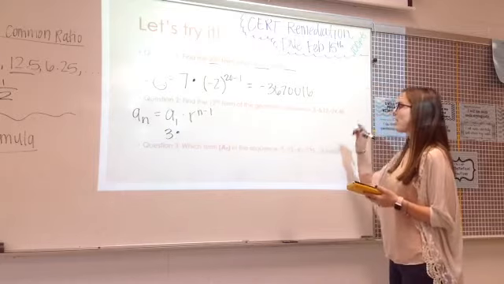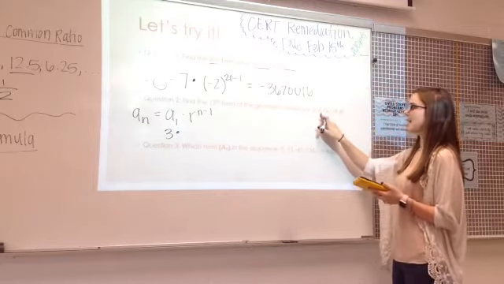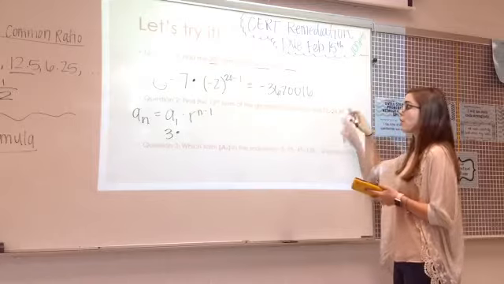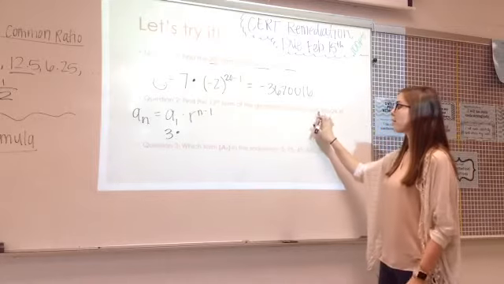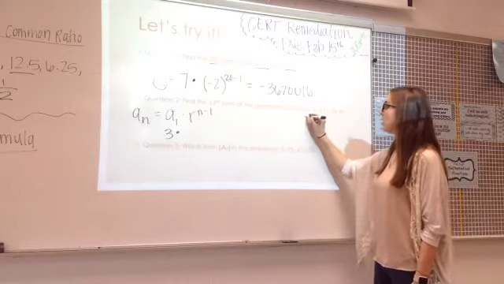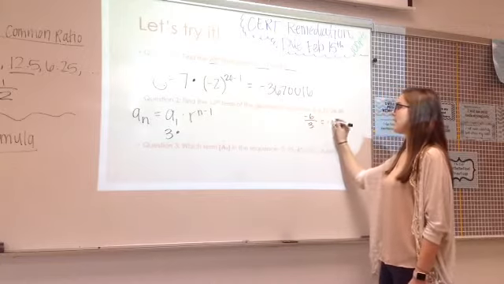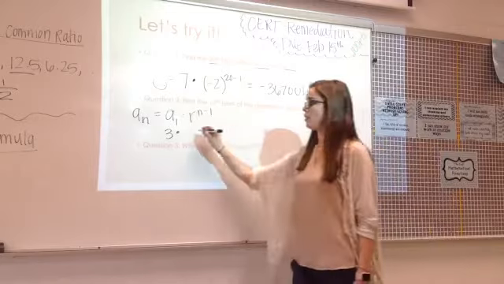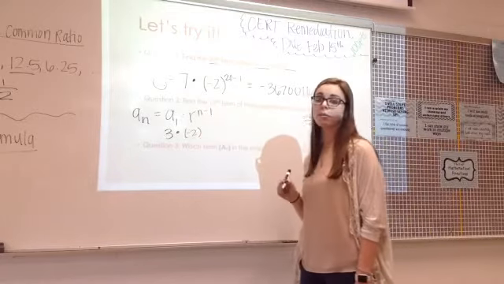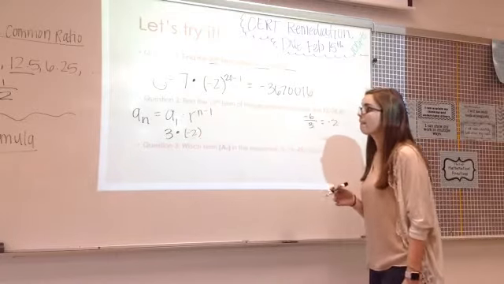R is my pattern. So how did I get from 3 to -6, -6 to 12, so on and so forth. Remember, if you're confused, pick 2 consecutive terms and divide right by left. So you get -2. So again, it's not always going to be -2, just a coincidence.